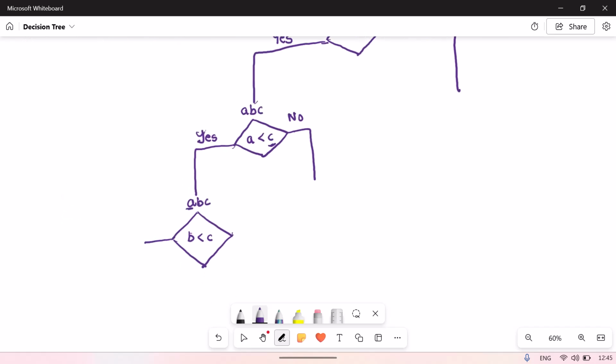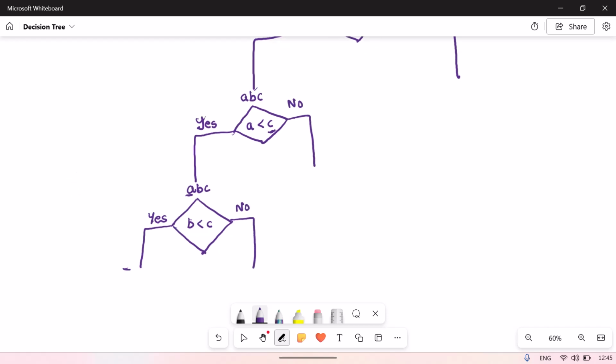If it is yes, and if it is no. Now you see here, A has got its position, so A will anyways come at the beginning only.